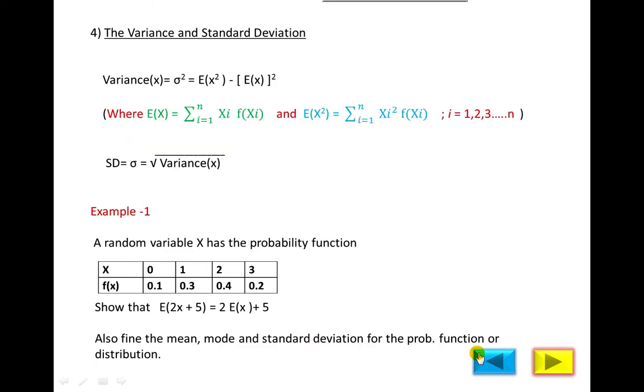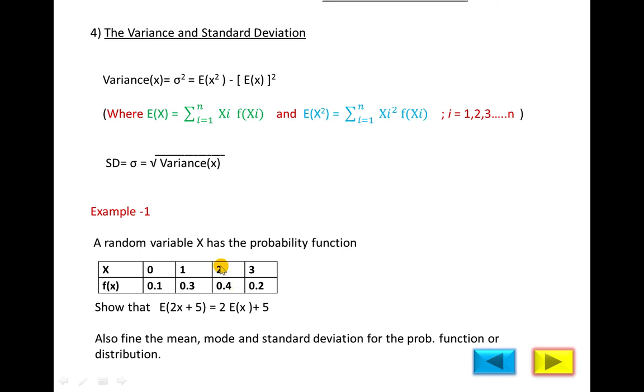And what is the mode? You know that mode is the most frequent or repeated value, or the highest frequency indicates the modal class. If the frequency is high, relative frequency or probability will be high or large. In this probability distribution table, you can observe the highest probability is 0.4 and the corresponding value of x is 2.